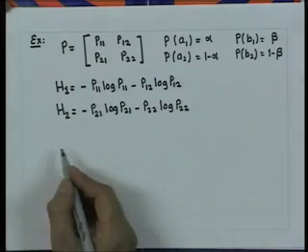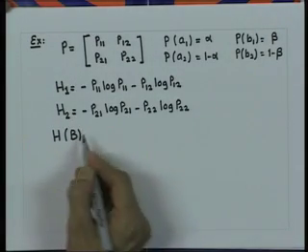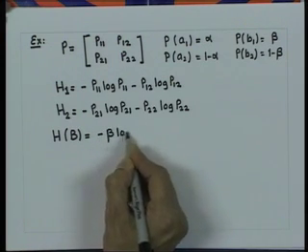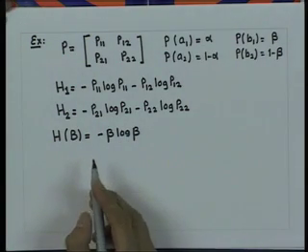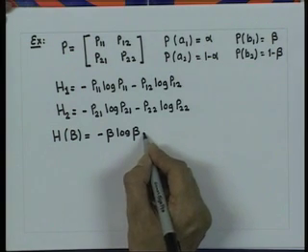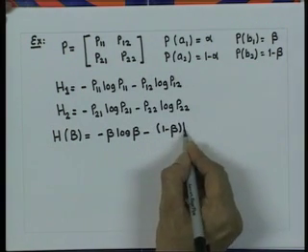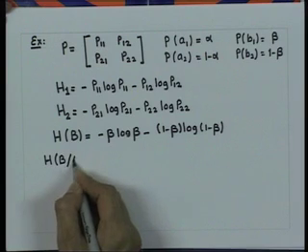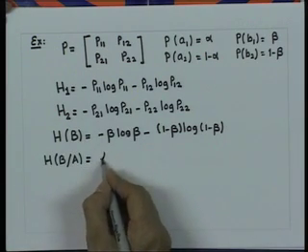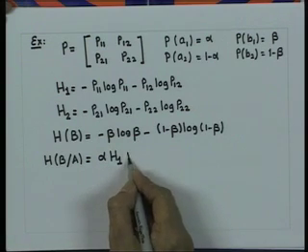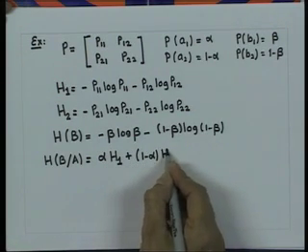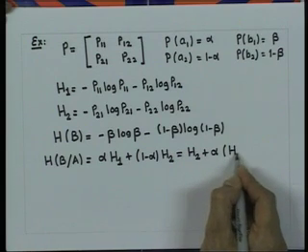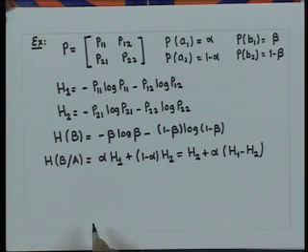Once we have H1 and H2, we obtain H(B), and H(B|A) is equal to alpha times H1 plus (1 - alpha) times H2, which is equal to H2 plus alpha times (H1 - H2).